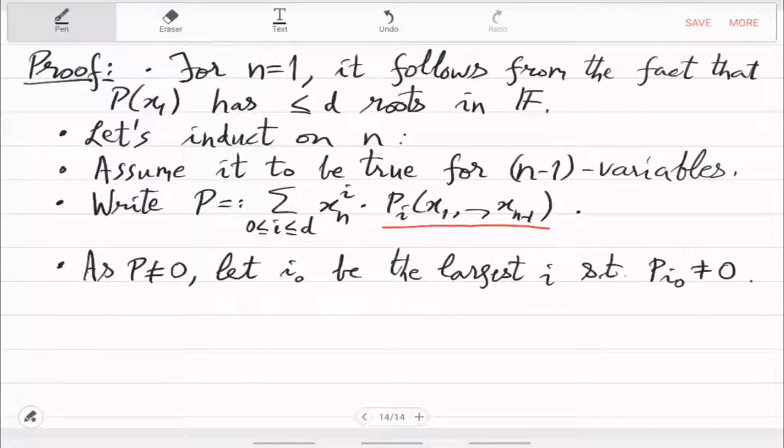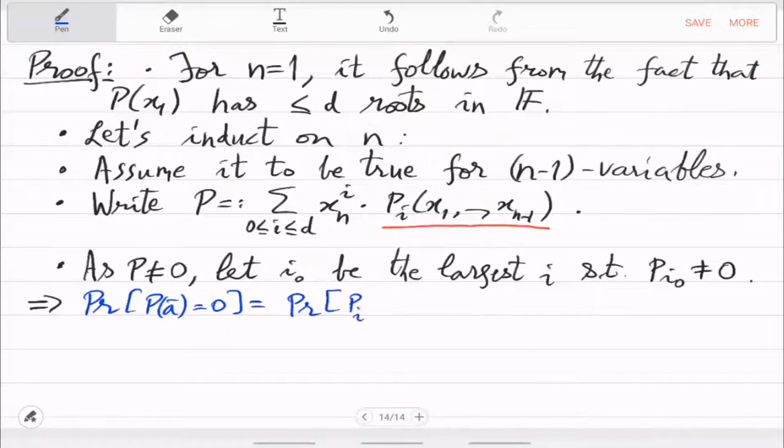And now we will argue using this and the induction hypothesis. So the probability that P(a bar) is 0 is the same as the probability that... So let us break this probability into two parts, whether Pi vanished or not. So suppose Pi vanished at a bar.